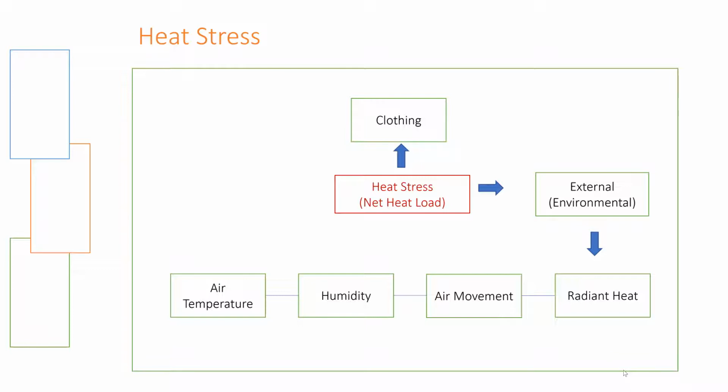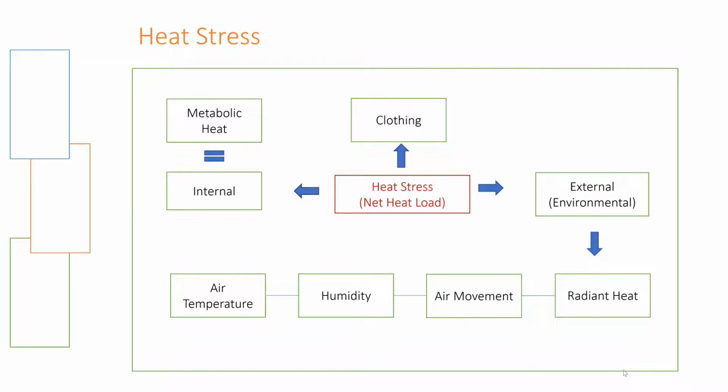So the higher the humidity, the more difficult it is for sweat to evaporate off of your skin, and the higher the net heat load would be as a result of the inability of the body to cool down as well as it would have if that sweat were to evaporate off the surface of your skin. The last factor in the external environment, of course, would be the air temperature itself. The higher the temperature, the greater the net heat load on the body.